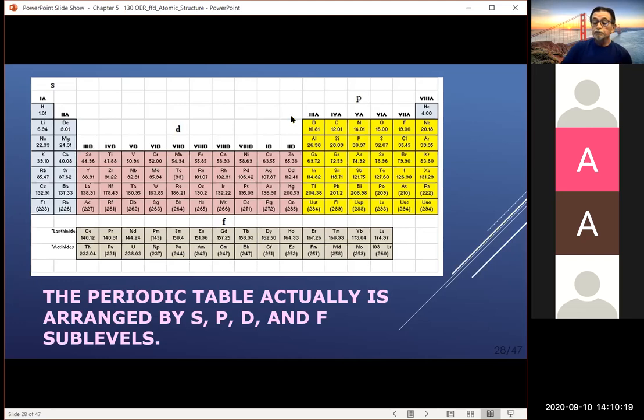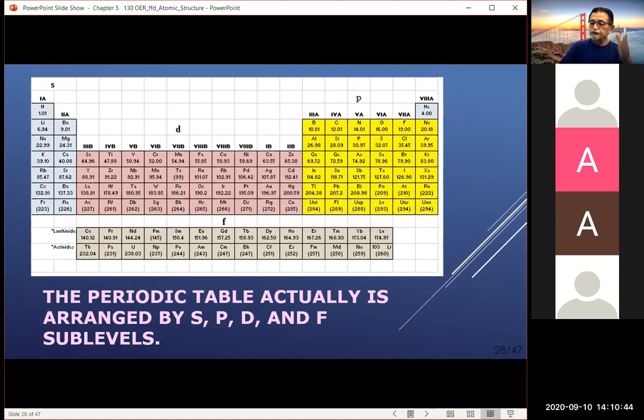Notice that they correspond to the number of columns. If you count the columns for the d's, there's 10. In the d's, we can put a maximum of 10 electrons. The f, we have a maximum of 14 electrons, and there should be 14 columns right there for the f elements. The p in yellow, we can put a maximum of 6 electrons.